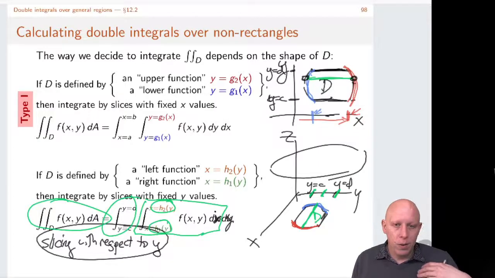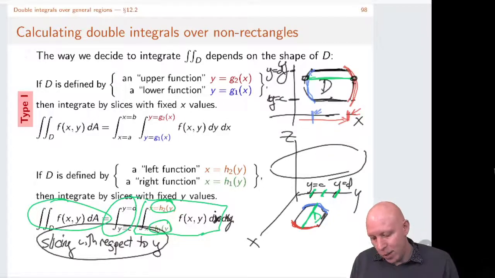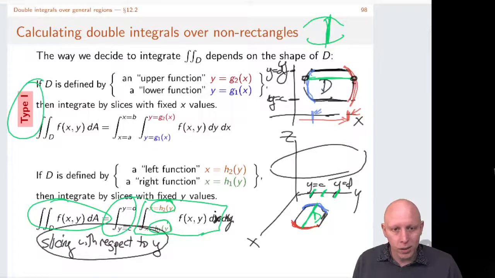So we first look at the region that we have to integrate over. If the region looks like it's better defined in terms of x with vertical slices, then we would have this type 1 integral.